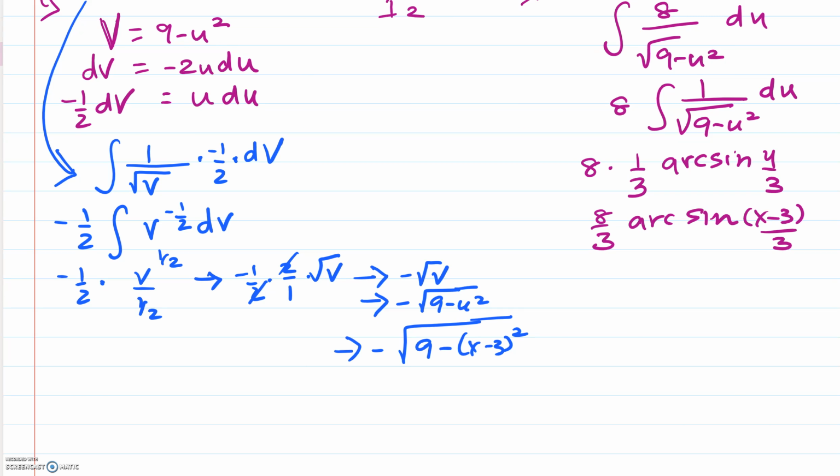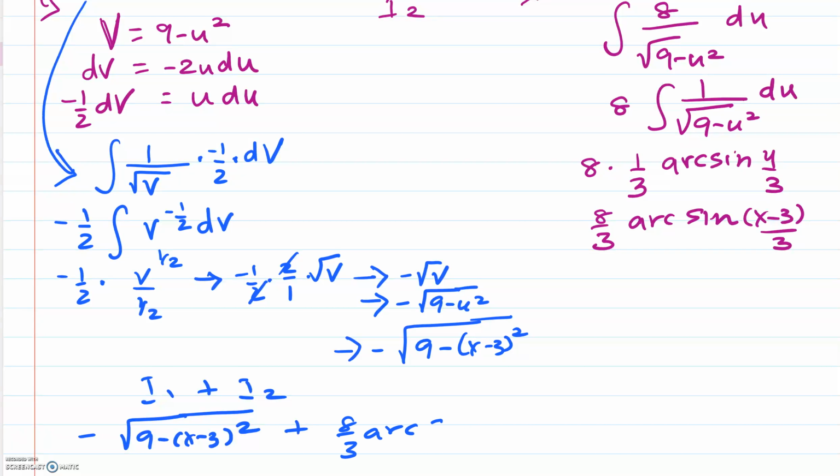Right? So this is integral 1. So we have integral 1 plus integral 2. Integral 1 was negative square root of 9 minus x minus 3 the whole squared, plus you can simplify this part, 8 by 3 arc sine x minus 3 over 3, plus c.